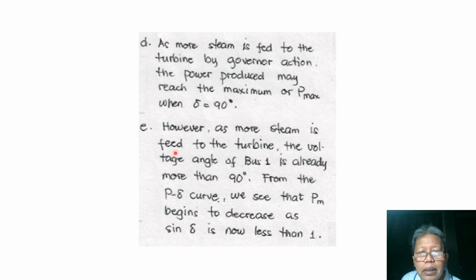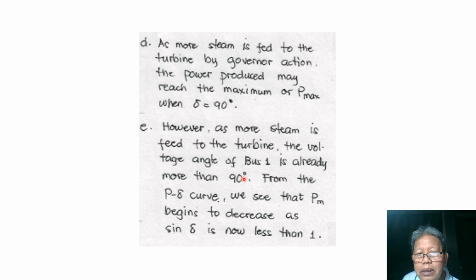However, as more steam is fed to the turbine, the rotor angle is already more than 90 degrees. So we can still supply more steam to the turbine, and the rotor angle now increases beyond 90 degrees.